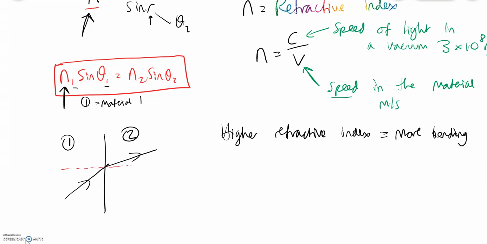The angle theta 1, remember, is the angle of incidence in material 1. 1, again, makes sense. And theta 2 is the angle in material 2, so the angle of refraction. So you use the refractive index of material 1, the refractive index of material 2, and the two angles, and they're related using this equation.